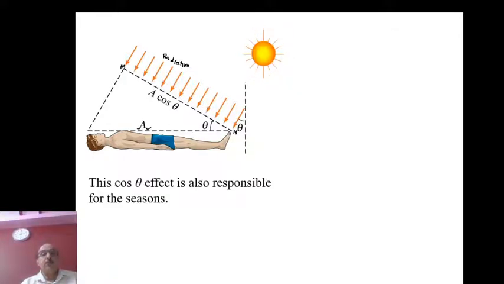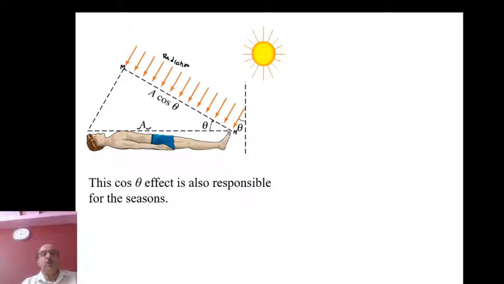This cos theta effect is also responsible for the seasons. It means whenever we consider the area which is affected by the radiation, we will take the concept of normal radiation. So we will have a component of area on that side, that is A cos theta.